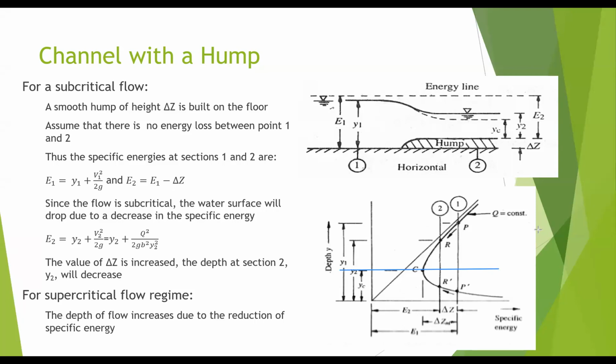So the question is this: you are making an observation on the water flow, like in the experiment I just demonstrated in the video at the beginning of the course, and you see that after experiencing a hump, the water level is increasing. So what would you say? Would you say that the water is subcritical or supercritical?